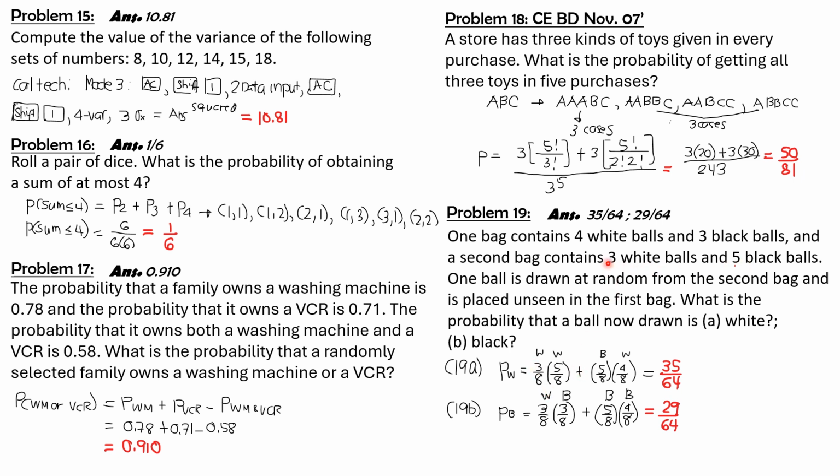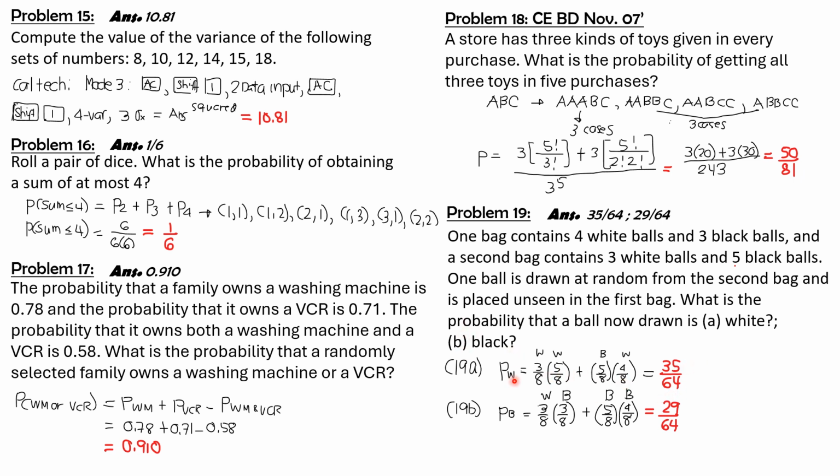Then because it is white, the total number of balls in the first bag would be 8, and it is white, so 5 white balls out of 8, so times 5 over 8, plus the second possibility, if it is a black ball in the second bag, then white in the first bag, so there are 5 black balls out of 8, then times, so add black ball here, there will be 4 white balls, 4 black balls, so 4 white balls out of 8, adding 35 over 64.